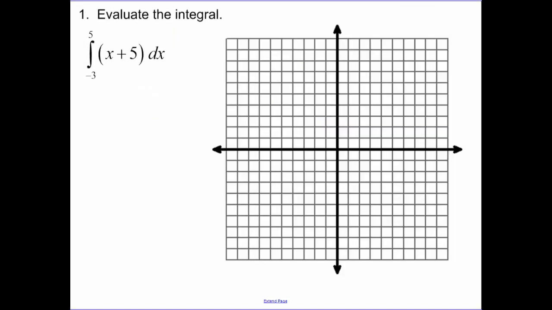So evaluating that integral. Remember, it means area under the curve from -3 to 5. Well, what does that curve look like? So it's a line with a slope of 1.